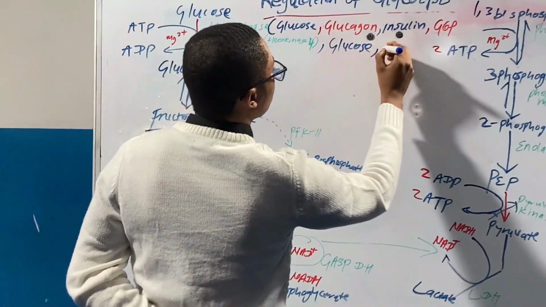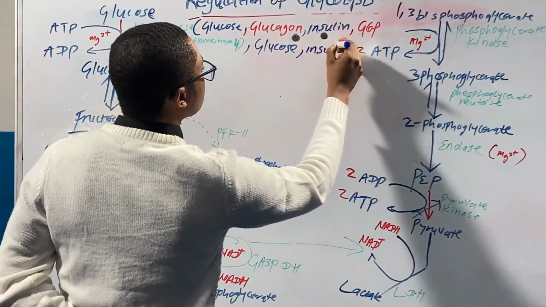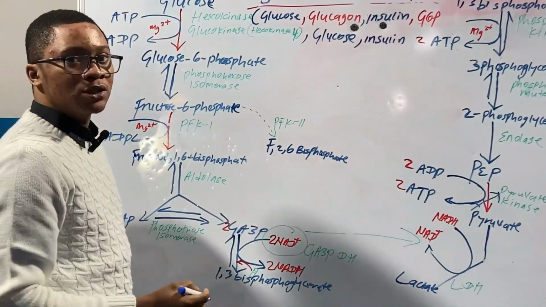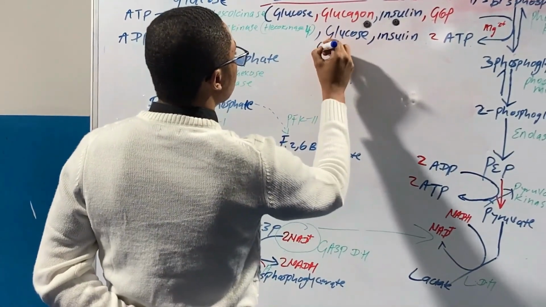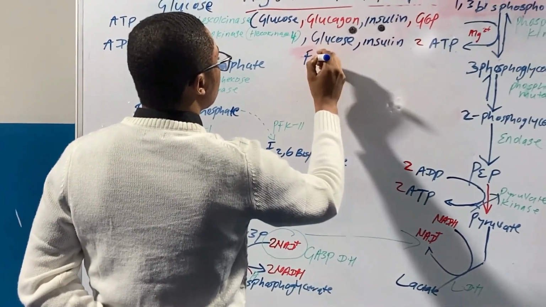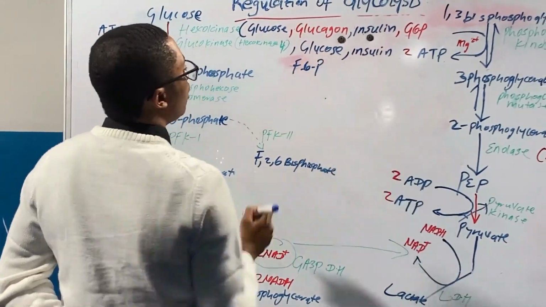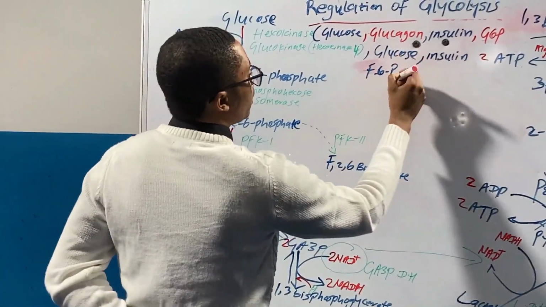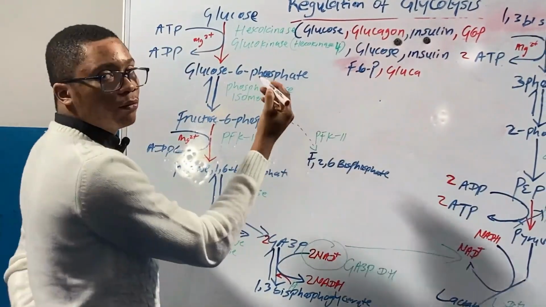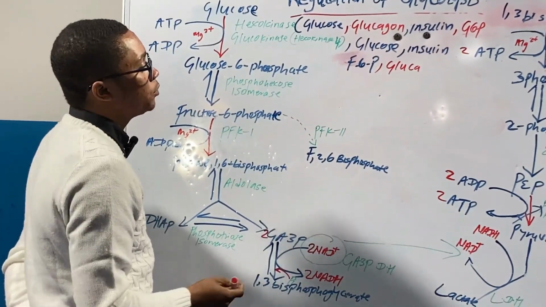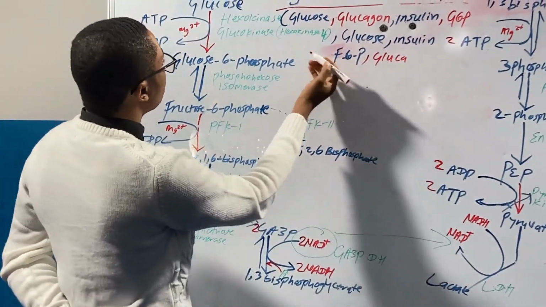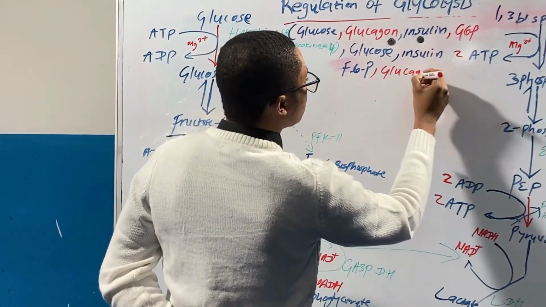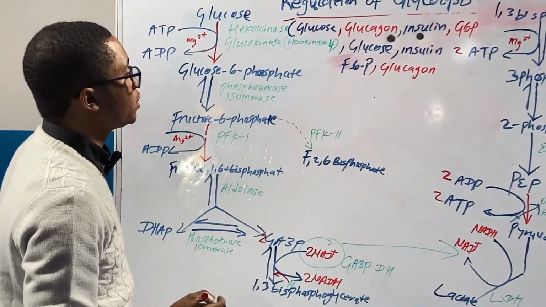Then fructose 6 phosphate stimulates glucokinase, and remember they are always inhibited by glucagon when the level of glucose in the human body drops. Glucagon inhibits this enzyme, preventing it from phosphorylating glucose into glucose phosphate. So glucagon is an inhibitor of this process.